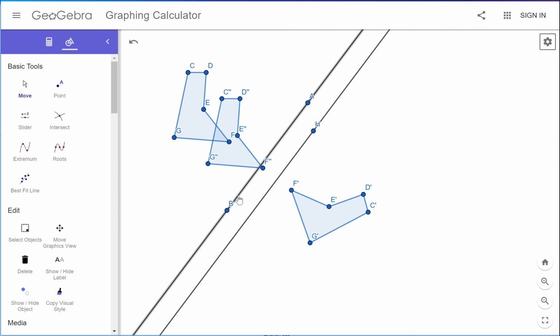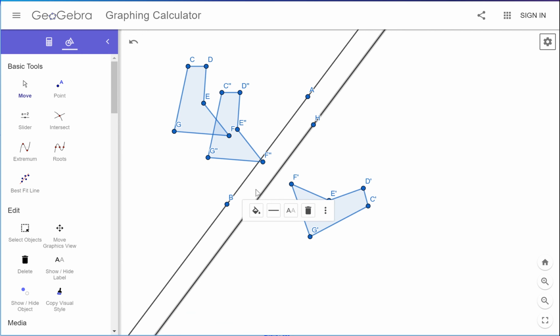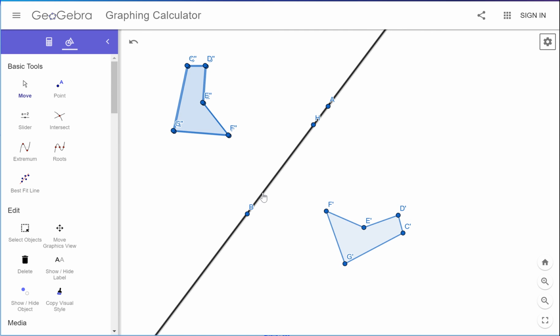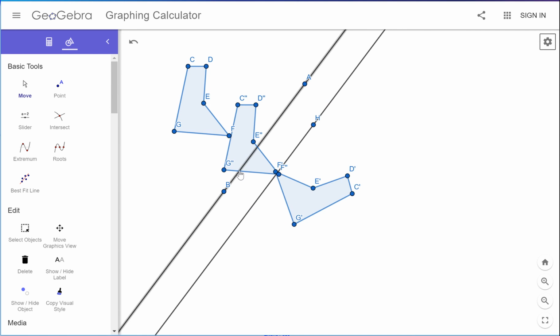Now I could even make it look a little more complex like this, but still the picture is pretty easy to follow because the ABCD with no primes, that's the original. This is the first image because it has the single prime marks, and this is our second image here. If I do this perfect, I could probably get those to end up going right where that second image is exactly right on top of the image, even if I wanted to.